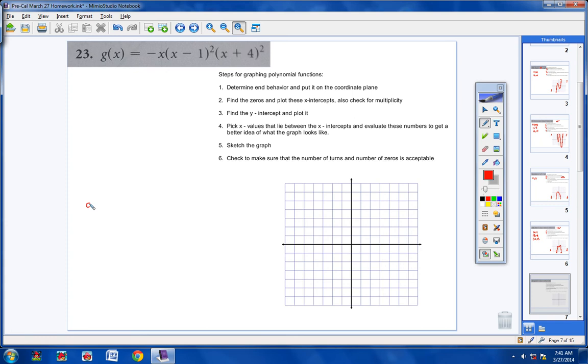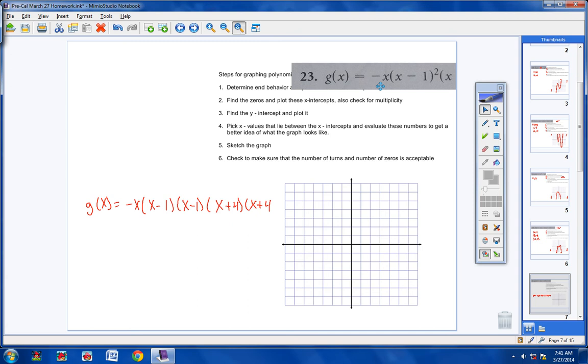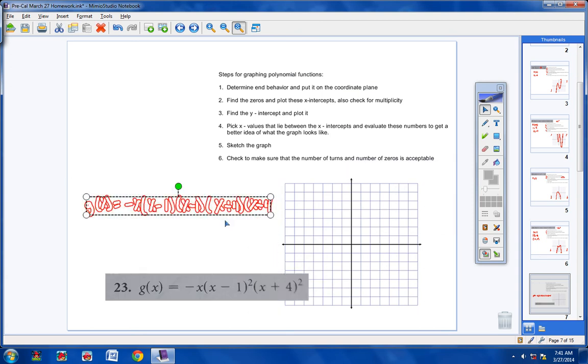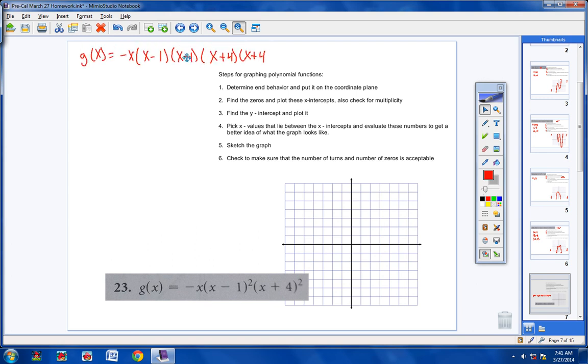We would really have g of x equals a negative x, and then x minus 1, x minus 1, and then x plus 4, and then x plus 4. All right, so I've written all of that out. That'll be a little easier. Let's see if I can slide this down here and have this replace it. Should be able to do that. There we go.